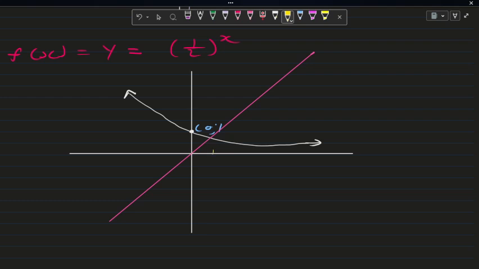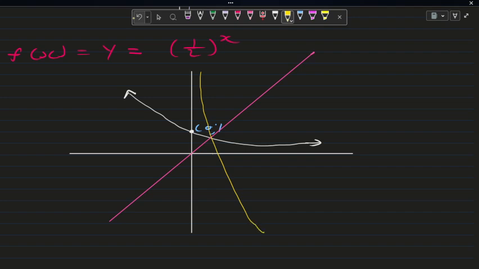The graph is not doing what I want it to do.